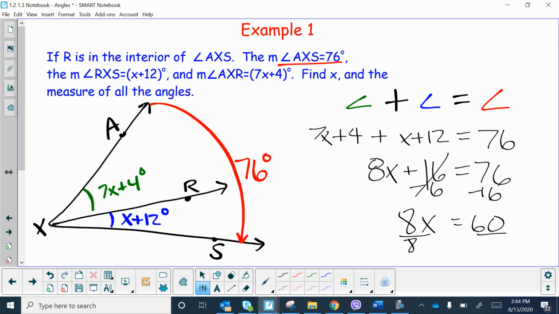Divide by 8. So x is going to equal, 8 goes into 60, 7.5 times. So x equals 7.5. I'm going to highlight that as one of my answers.